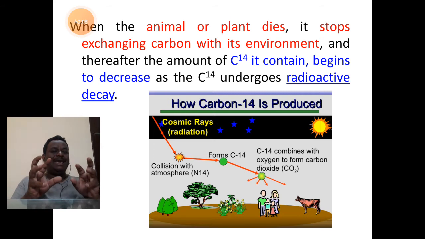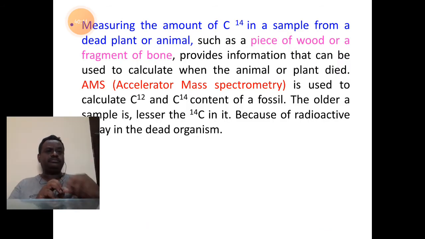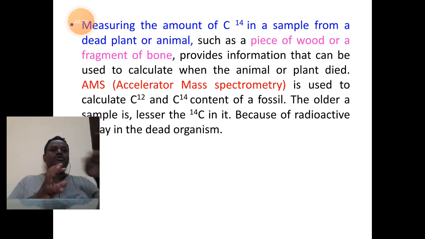This decaying is a radioactive decay process that will lead to a reduction in the number of C14. When C14 decays, the number of C14 will start decreasing in the animal, which is in dead or fossilized form.